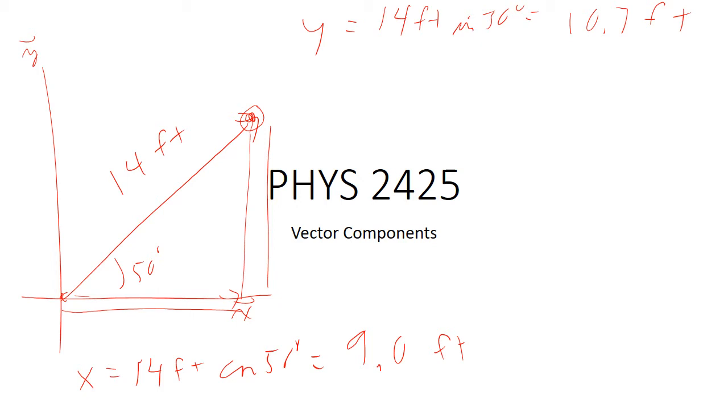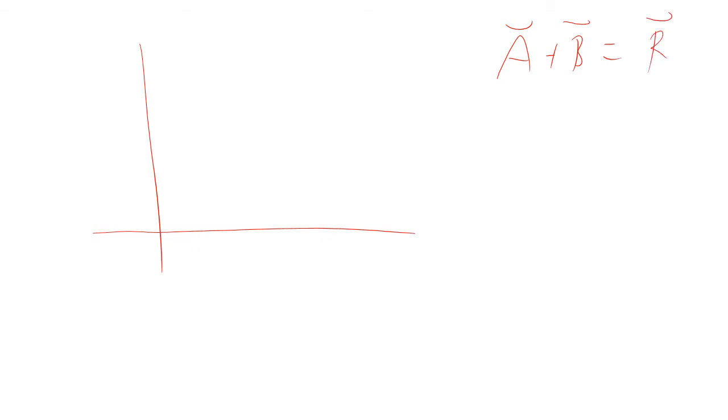Now, there are several ways we can do this. We can go back and say, well, we know that you can add vectors. A plus B equals some resultant vector. So in this case, I can have a vector A and a vector B, and the two vectors add up to be that right there.